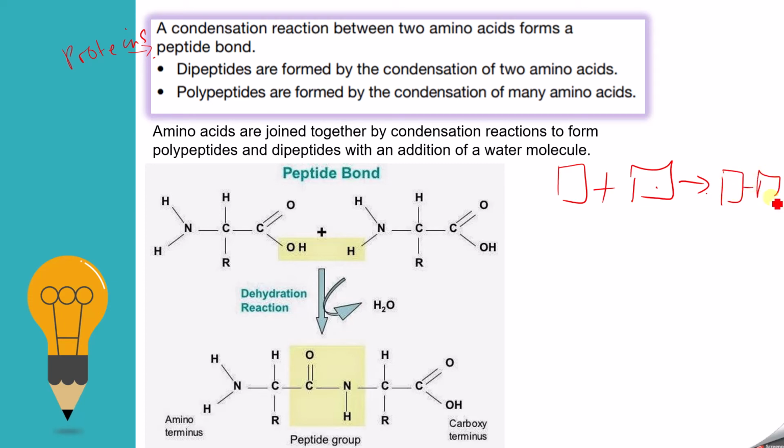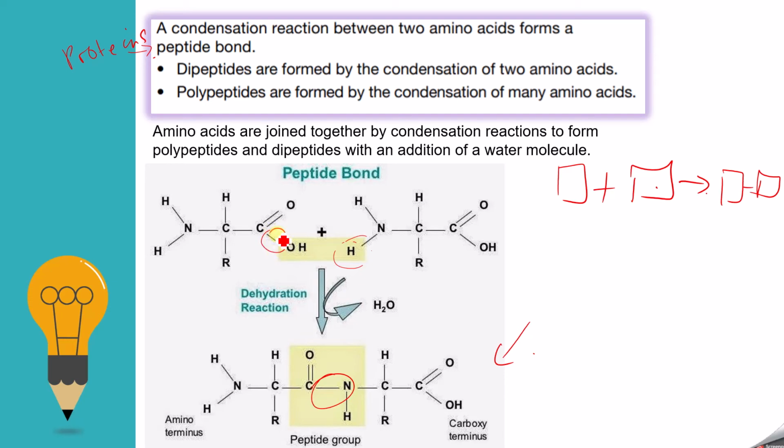Now here's a better example, and it has come up in the past, where you have two amino acids, draw them together, and you have to form your dipeptide. And you also have to know what the peptide bond is. So when the oxygen and hydrogen on one amino acid and the hydrogen on the other amino acid are lost, the thing that is joining these two amino acids together is this bond here.